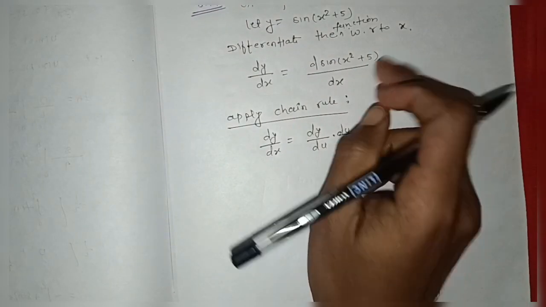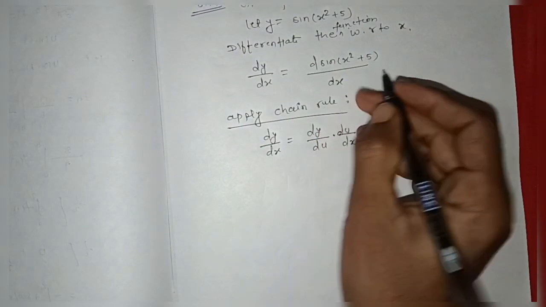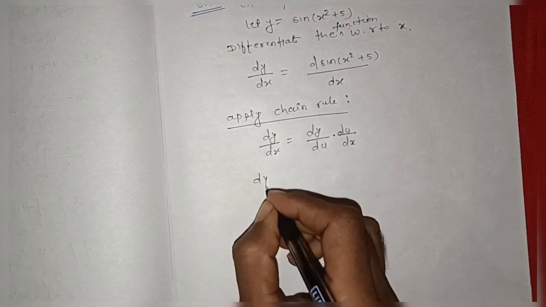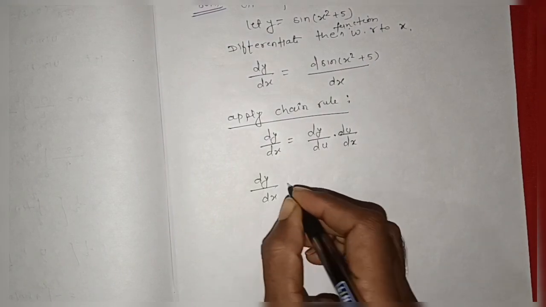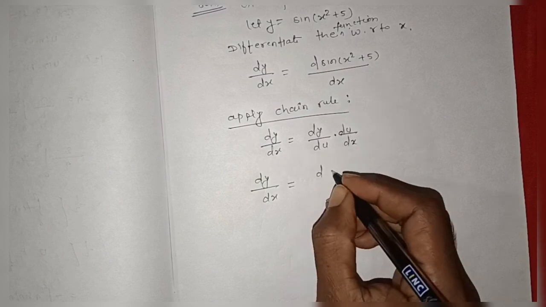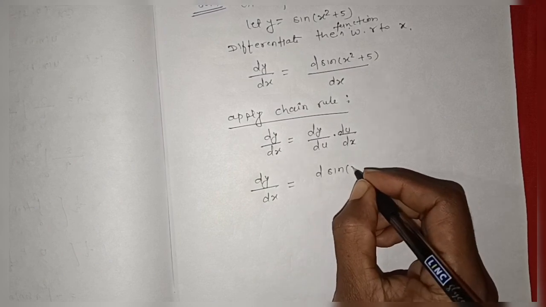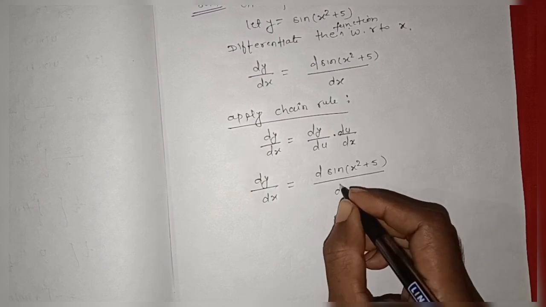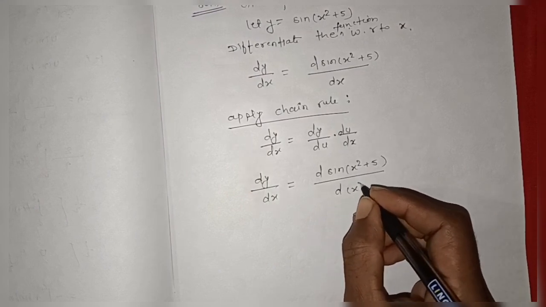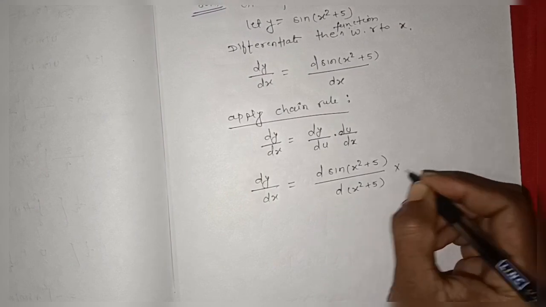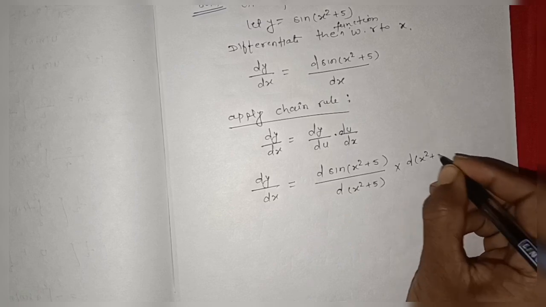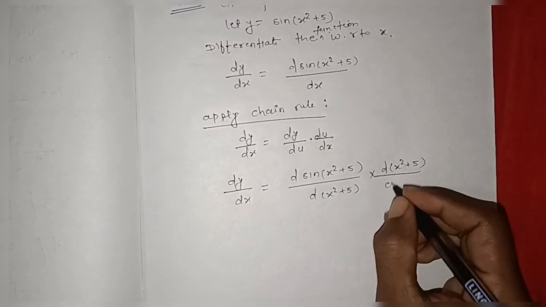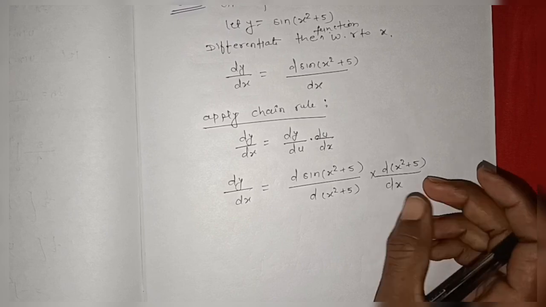Using this rule to apply in this equation, so that dy/dx is equal to d(sin(x² + 5))/d(x² + 5) into d(x² + 5)/dx by the chain rule.